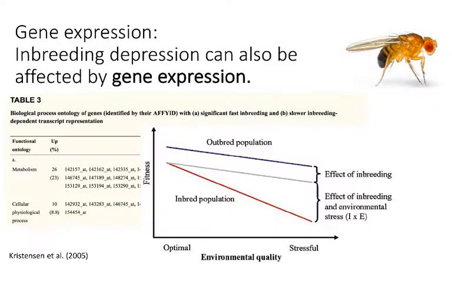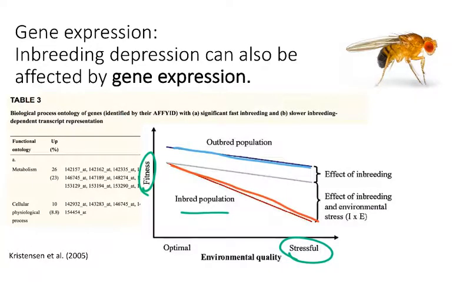What's also really interesting is that's what happens under normal conditions. If you then put an inbred population into a stressful environment, that gene expression difference and that difference in fitness is even more pronounced when you compare an inbred population to an outbred population. So here in this graph, the outbred population is in blue, the inbred population is in red.